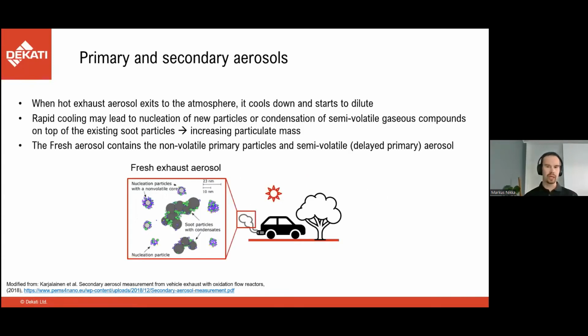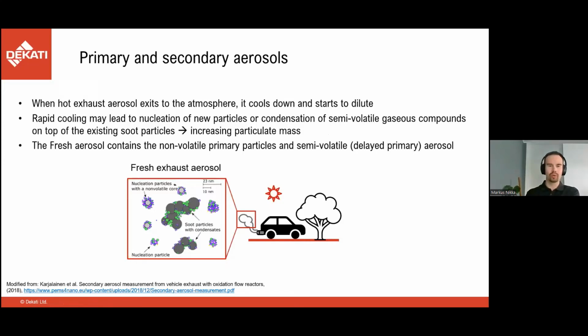When this hot exhaust aerosol exits the tailpipe to the atmosphere, it cools down rapidly and starts to dilute. Mainly the rapid cooling leads to a situation where nucleation of new particles or condensation of semi-volatile gaseous compounds can happen. And this, of course, increases the aerosol mass.